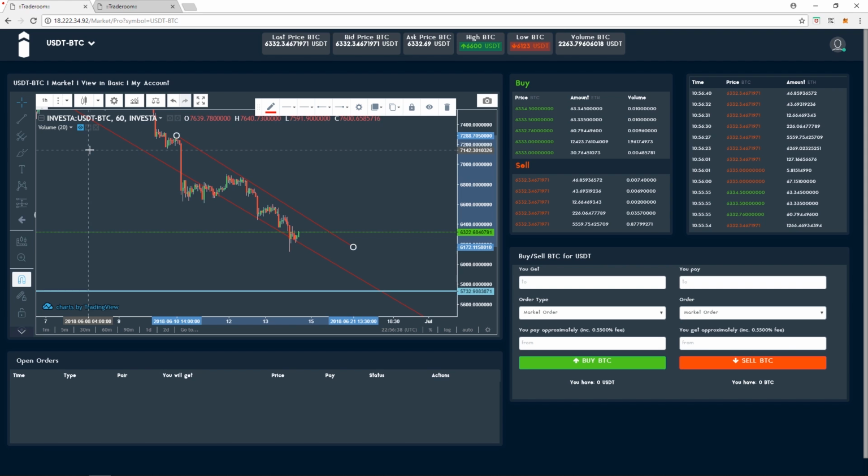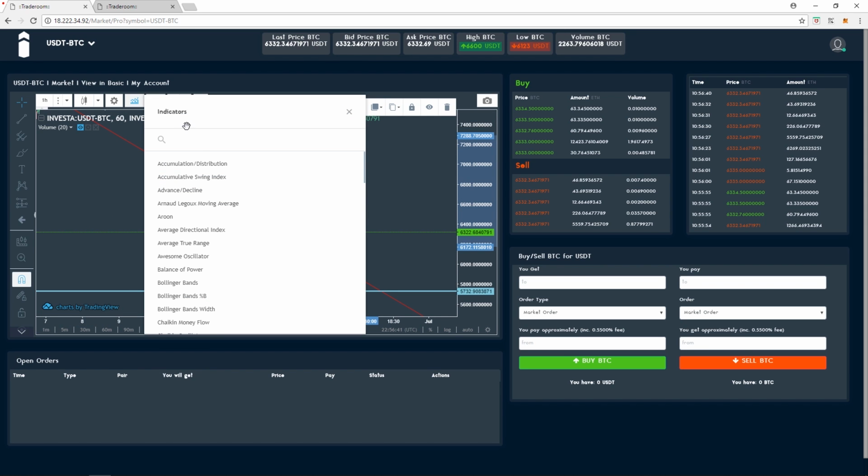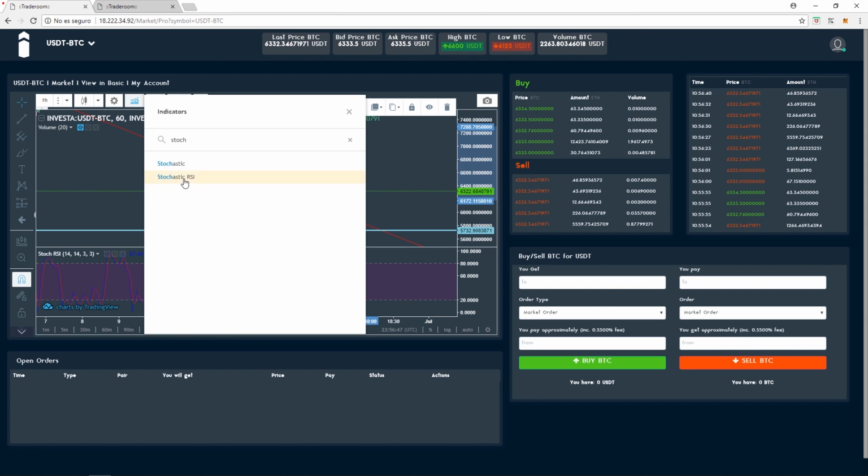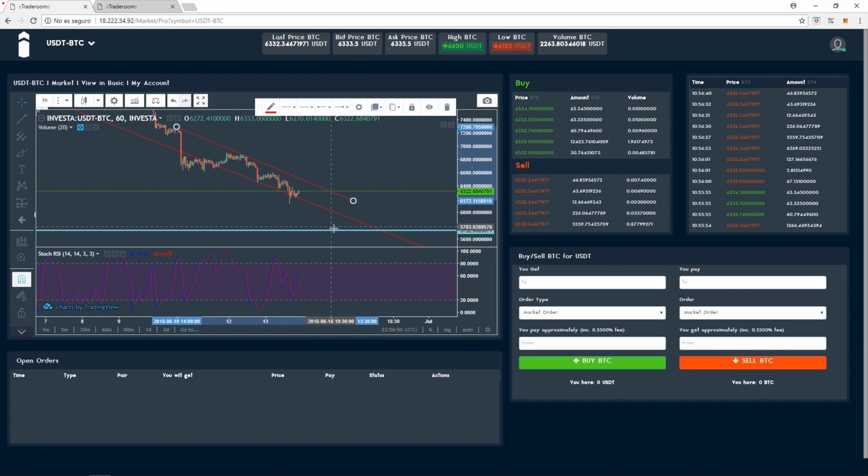That in conjunction with your RSI in the proper zone. So right now we are in the no-go zone.